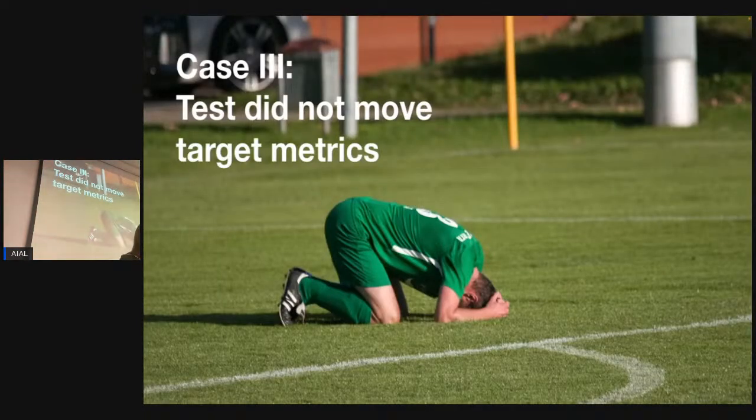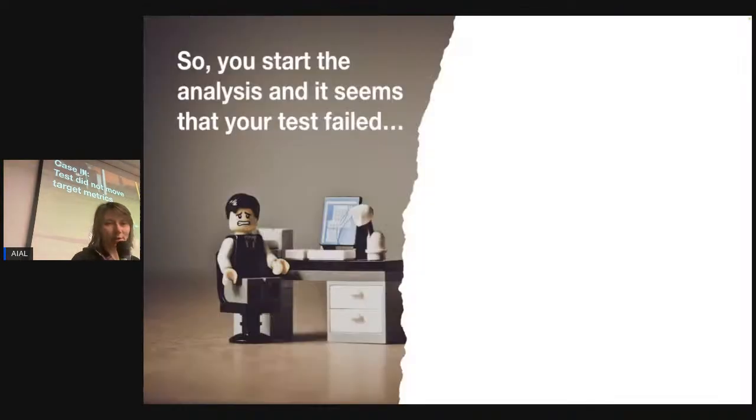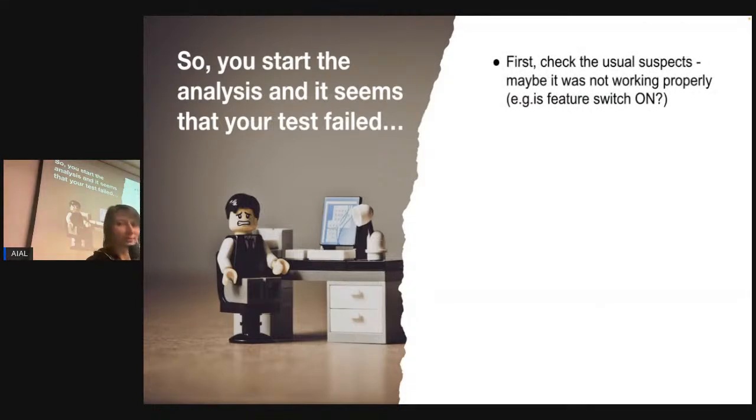Okay, third case. You launched the test and your test did not have any effect. So you can see this disappointment in the player. And in the role of a data person, you come after the test to do analysis. You might check some basic stats and see, okay, no improvement.